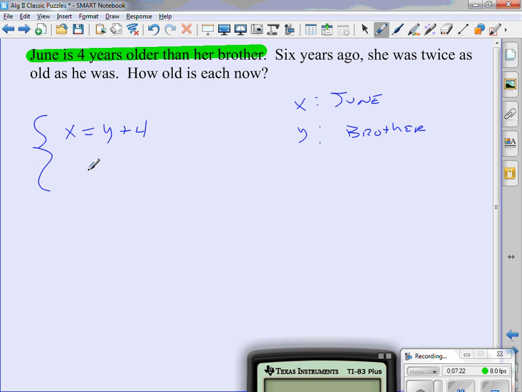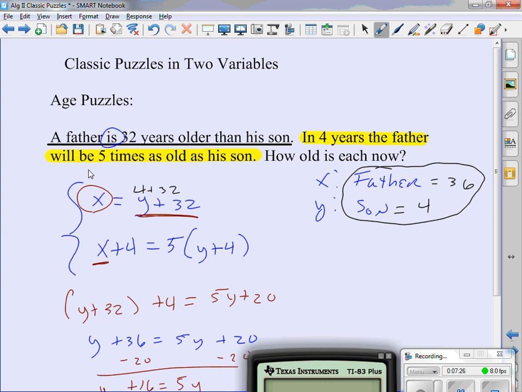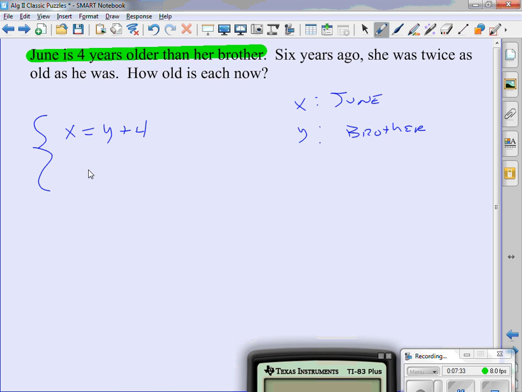Why is it minus 6? Because it was 6 years ago. On our last problem, it was 4 years from now. So she was, so X minus 6 equals, why 2? Because twice is 2. It's not 2y.